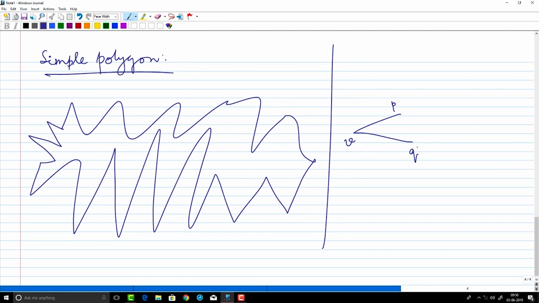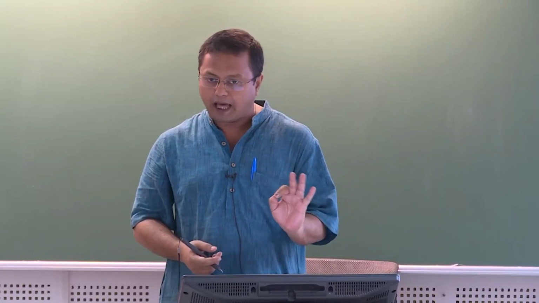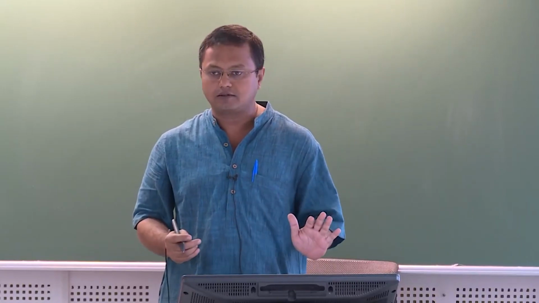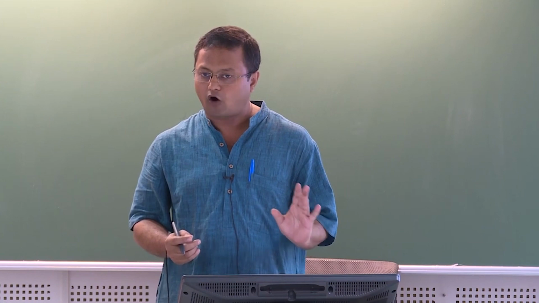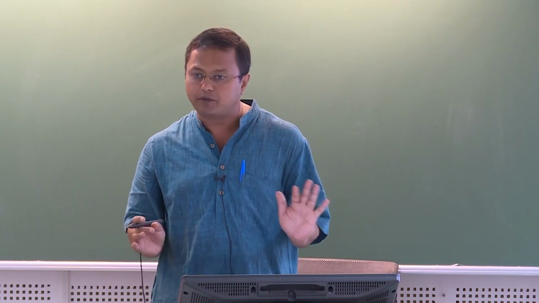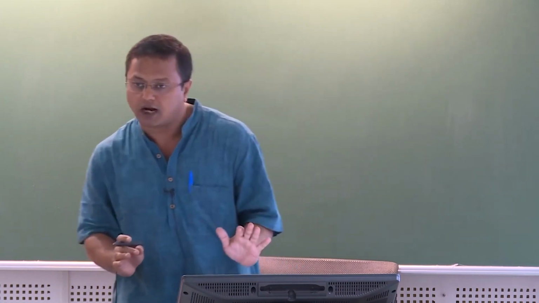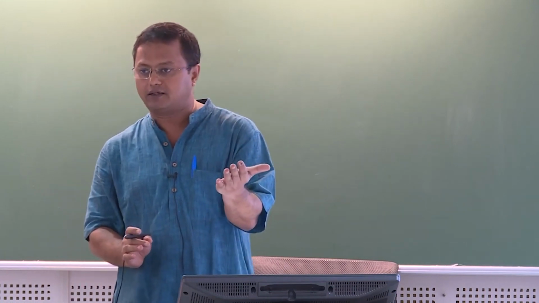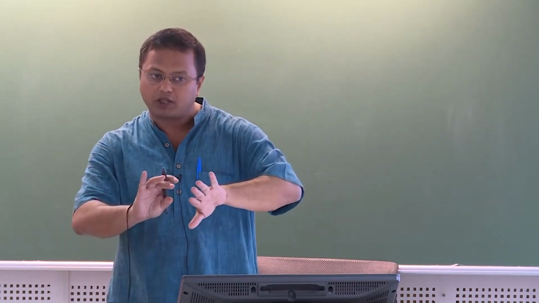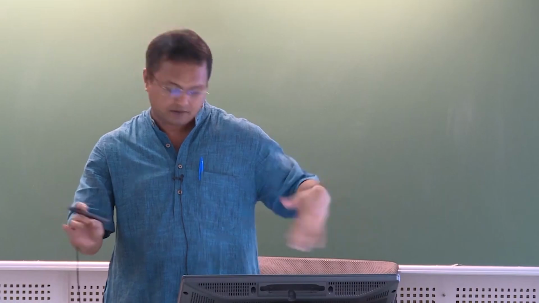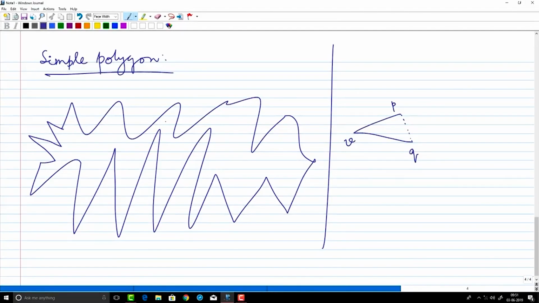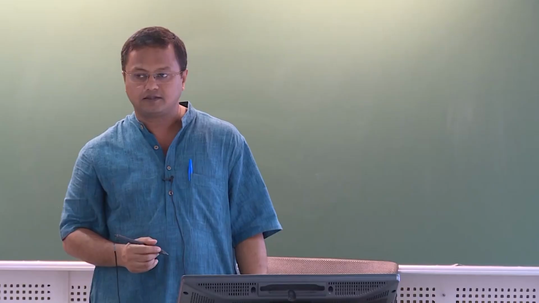What I first try to do is join p and q. Now, it can very well happen that it does not cut any of the edges of the simple polygon. If it has not cut, then I have got one diagonal, and I have divided the polygon into two halves.